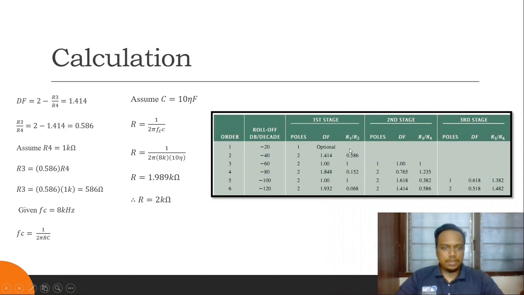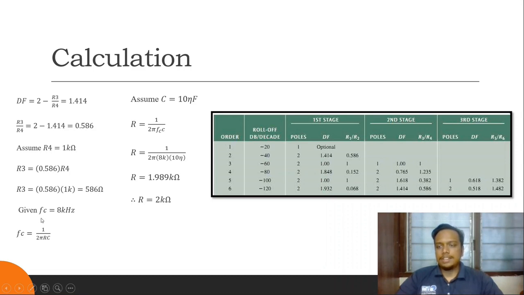You can see it here too in the table. Now we just assume that R4 is 1K, substitute, and we get the answer of 586.